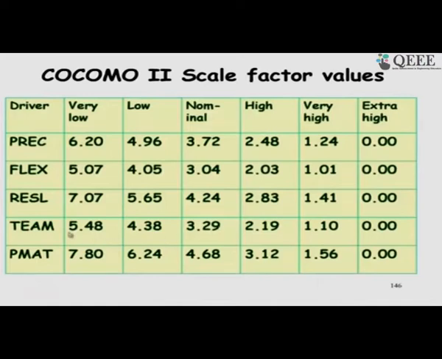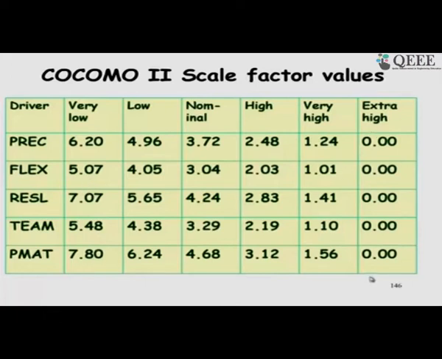So, this depends on whether we have very low precedentedness. So, I have no experience, very low. So, it will become 6.2 in the exponent, and 0.91 plus 0.01 into sigma. So, that is the expression, flexibility and so on.